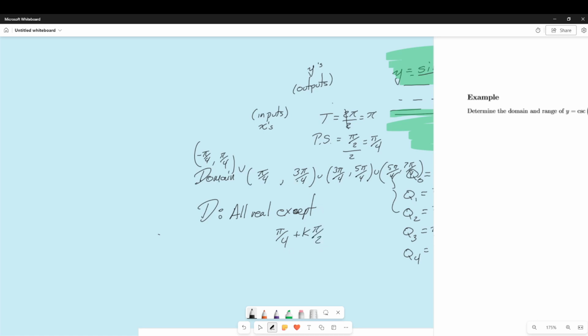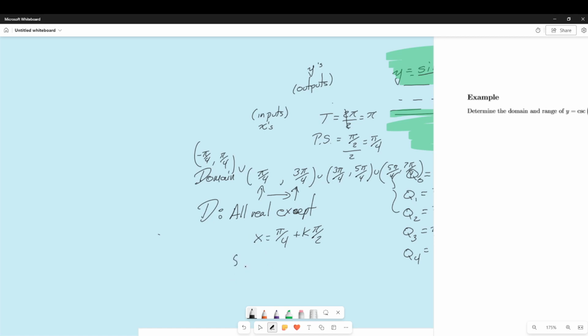And that's what we're doing. We're going from pi over 4 and then add 2 of our quarters to get to 3 pi over 4, and then add 2 of our quarters to get to the next one. So k times 2 quarters. So all reals except those.